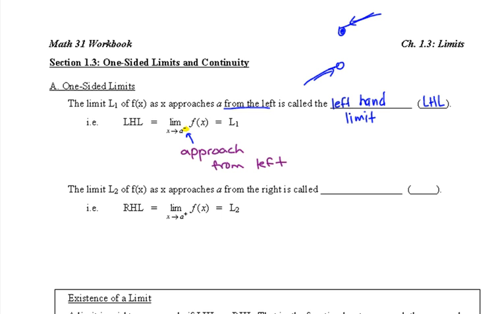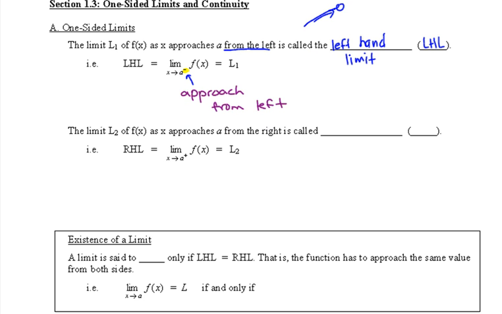Now, if we're going to approach it from the right, it's called a right-handed limit, or right-hand limit. It could be a graph, could be an equation. As long as we have this little positive here, that means approach it from the right.